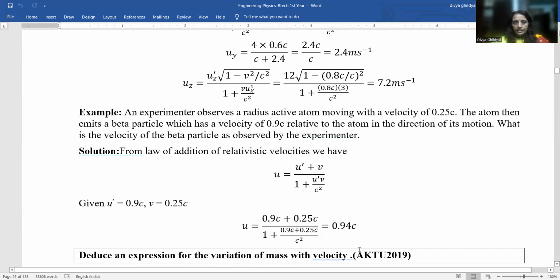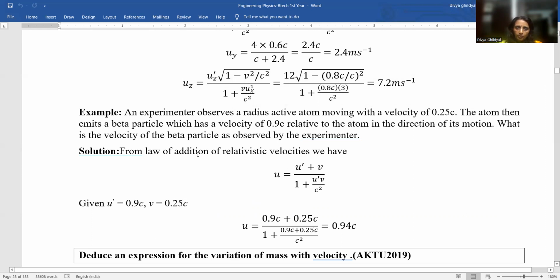An experimenter observes a radioactive atom moving with a velocity of 0.25 c. The atom then emits a beta particle with a velocity of 0.9 c relative to the atom in the direction of its motion. What is the velocity of the beta particle as observed by the experimenter?